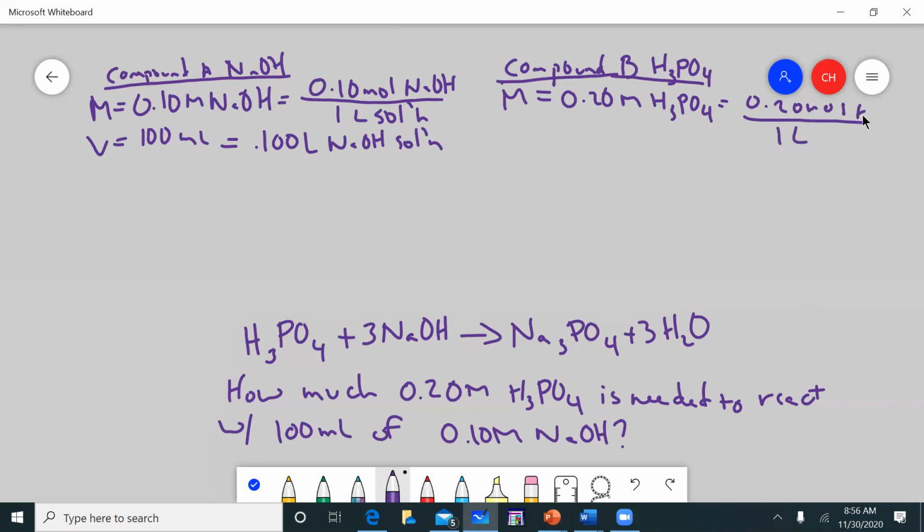This is specifically the H3PO4. I'm trying to figure out volume, okay? That's what I want. So we don't know what this is. So hopefully you're able to do that. You know your compound A, you know your compound B. Now we're going to break again, and I want you to set up the stoichiometry to get from this stuff over to this piece of information. And just a reminder, we can look, everything's in my way.